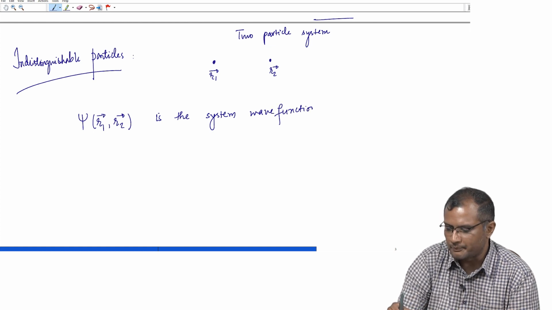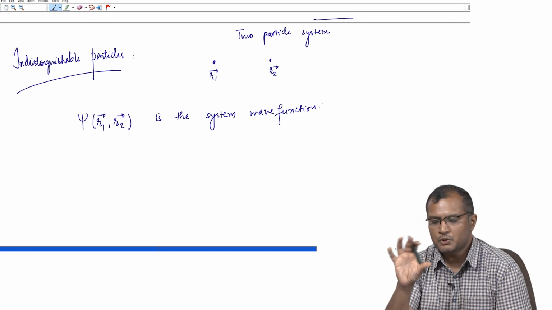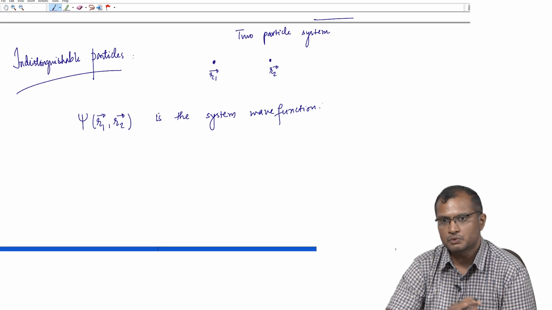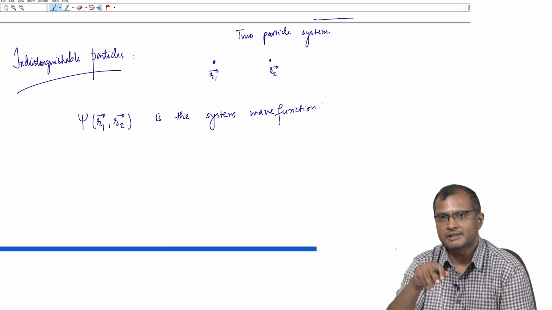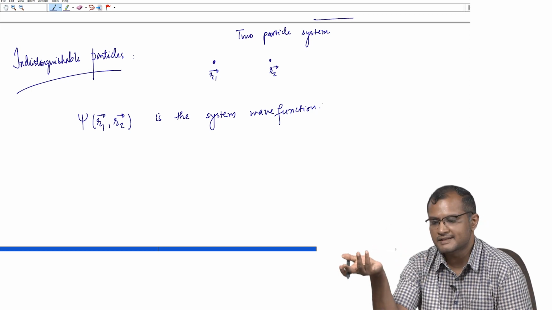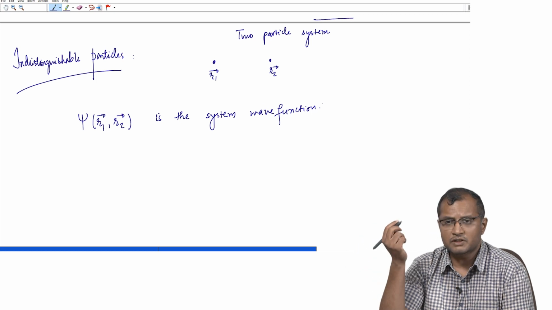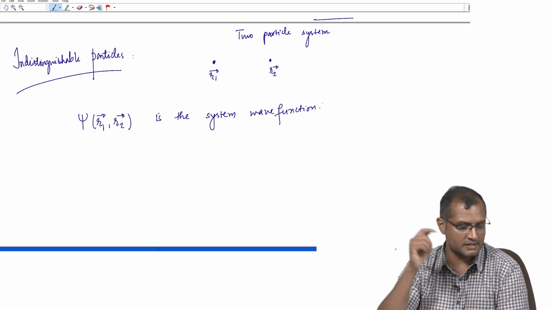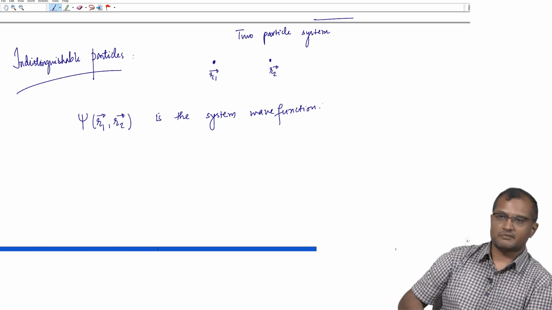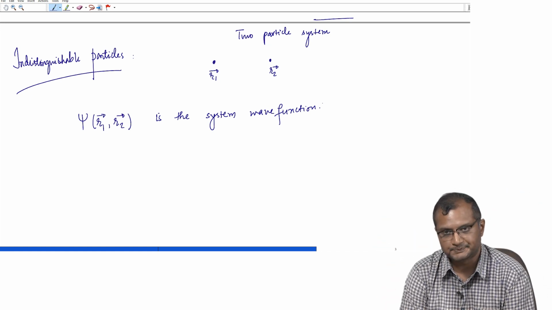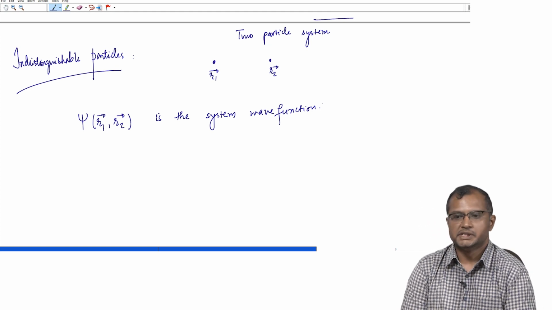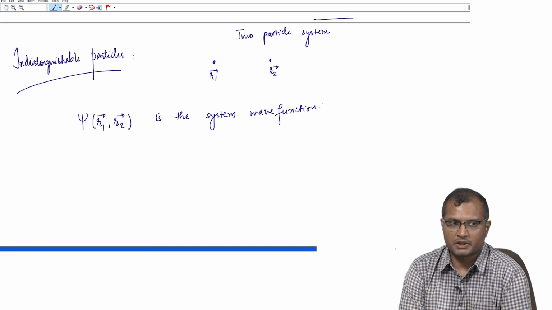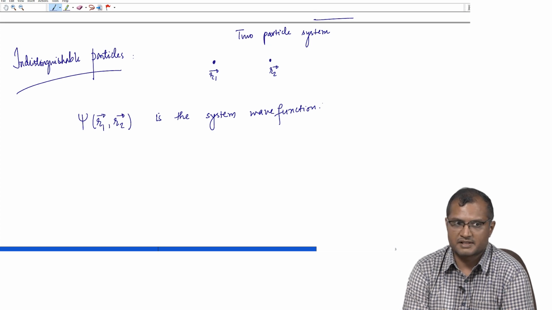But I know for sure that if I permute these 2 particles, that if I make the second particle go and sit on R1 and the first particle go and sit at R2, the Hamiltonian of the system does not change, because the Hamiltonian of the system is a function of potential energy and kinetic energy, and clearly if the particles are indistinguishable, I am not affecting their potential energy in any way, because they are the same particles.